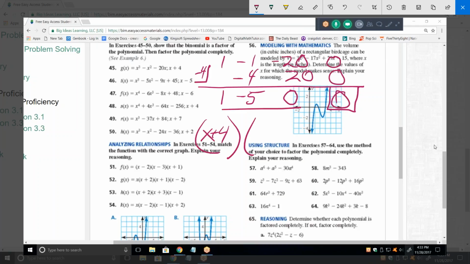You know that's a quadratic. Right, so that's x squared minus 5x. Now factor that. So x plus 4 times x.